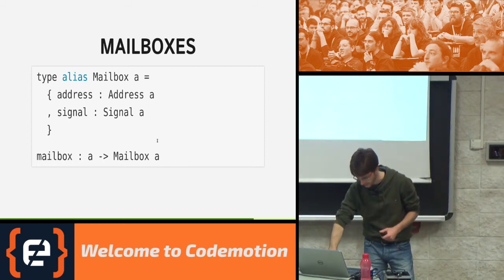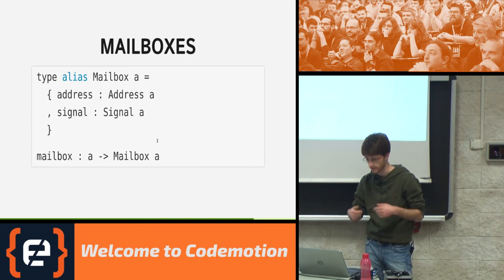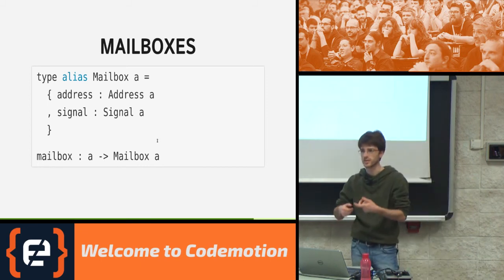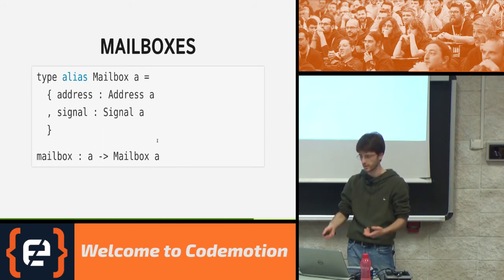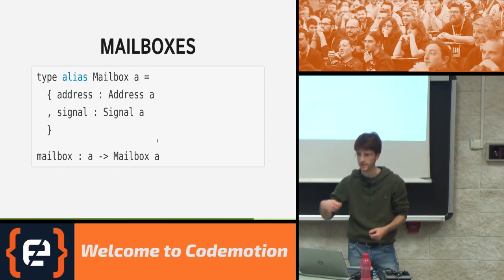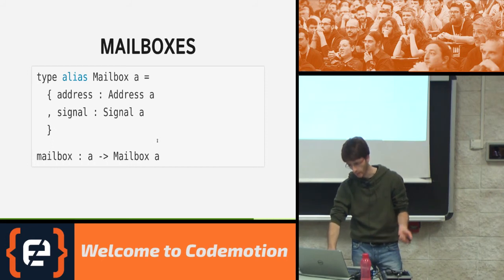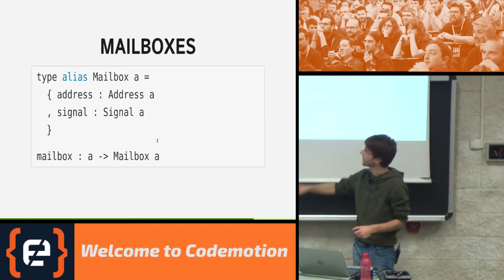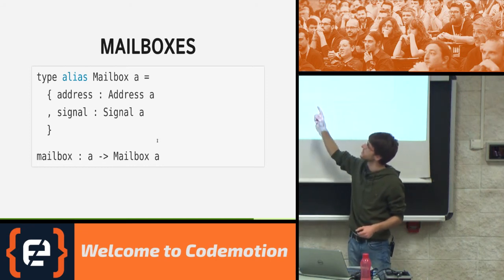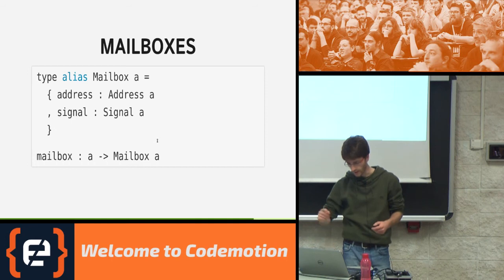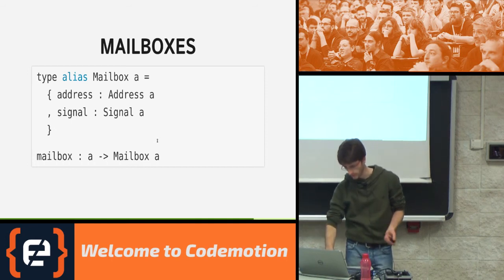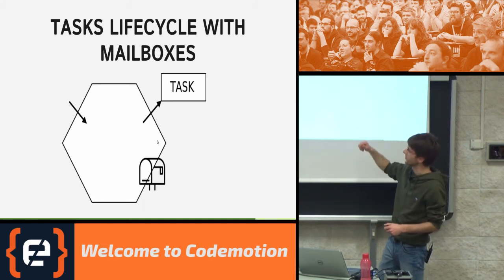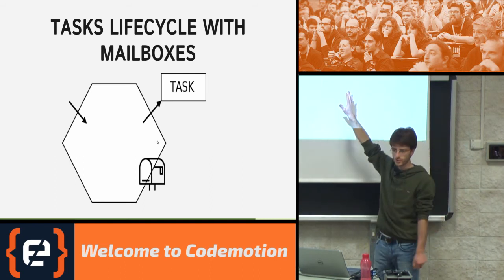So why are they designed this way? Well, you can think of the address as something where we can send messages to. It's just like a physical address, the one we have at our houses. We can send messages, letters to them. And whenever we receive a new message at that address, then the signal that is composed in this mailbox will update its value. So if we want to complete the life cycle of tasks we had before, we were handing the task to the runtime.